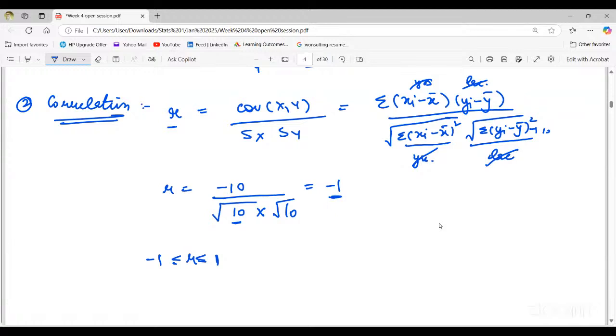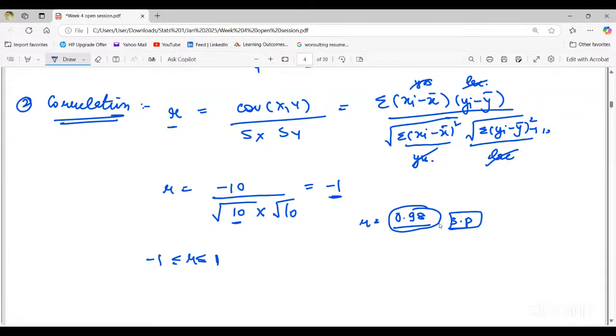If I'm having some value like 0.98, now tell me about this. If my R value is 0.98, what can you say about it? Ma'am, it is increasing, strongly increasing. It is strongly positive. Correct.